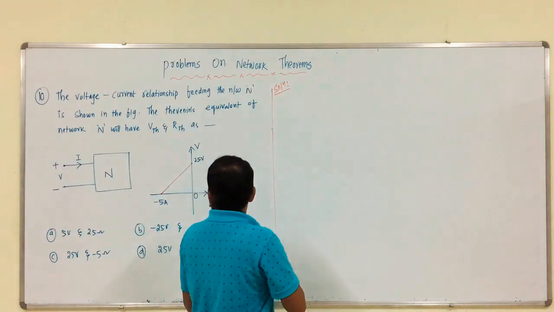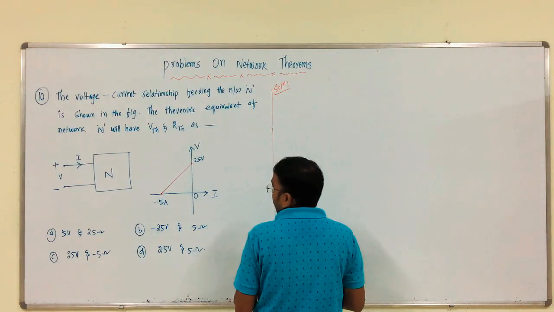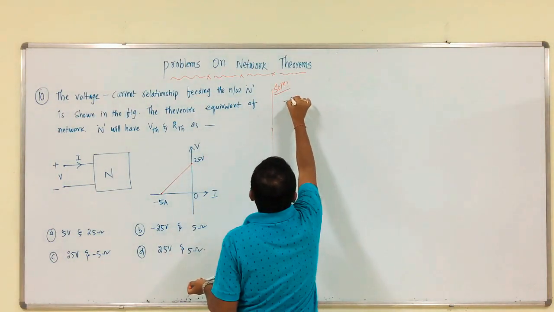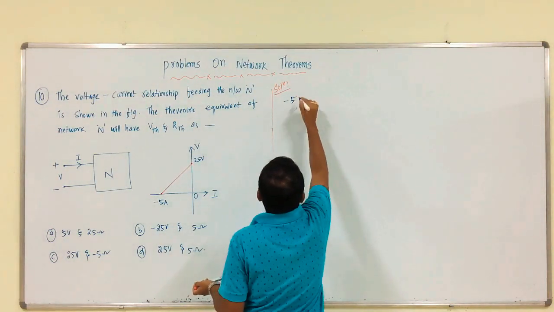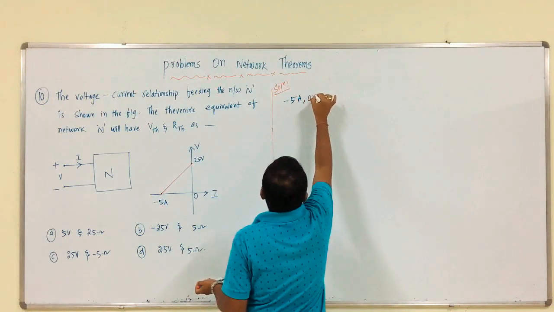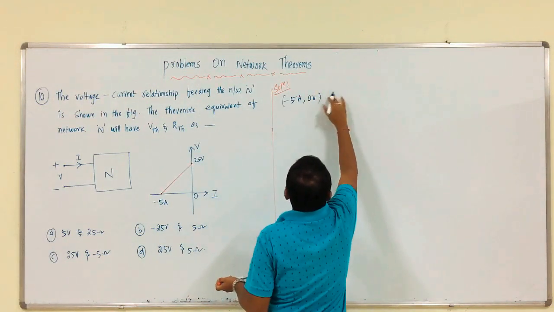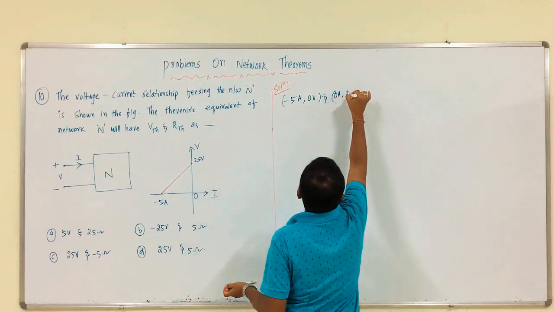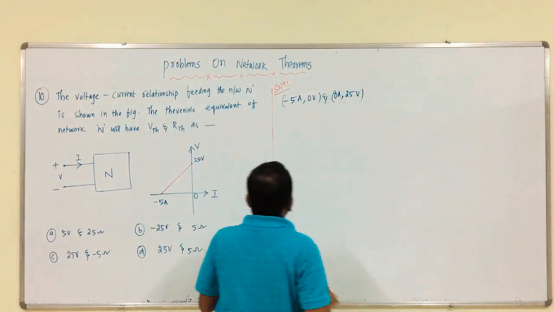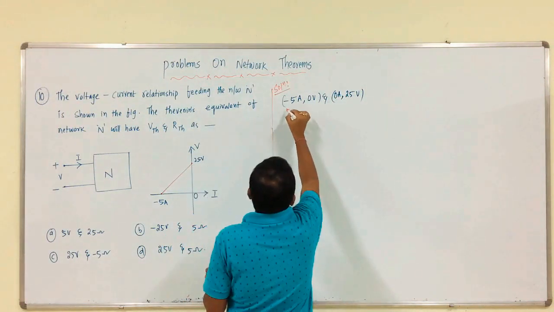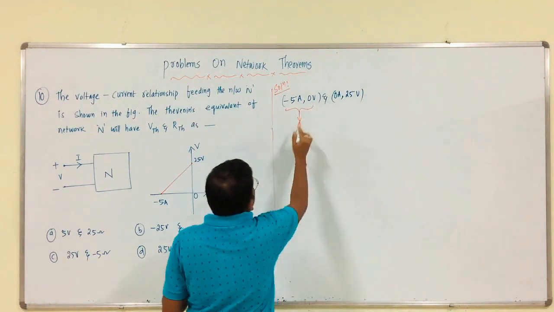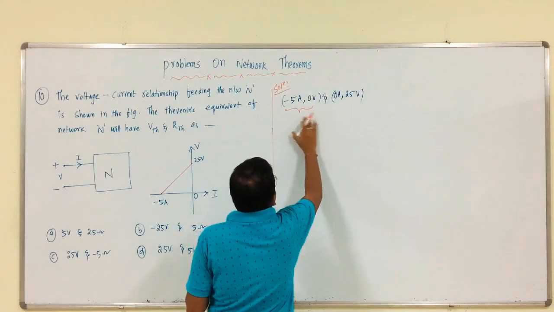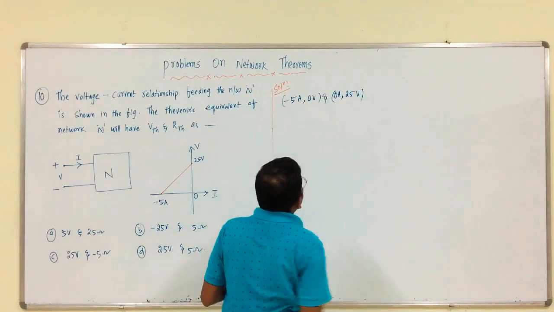Okay, we will calculate by method 2. That is minus 5 amperes, 0 volts, and next 0 comma 25 volts, right. No need to write IS because we are dealing with method 2.